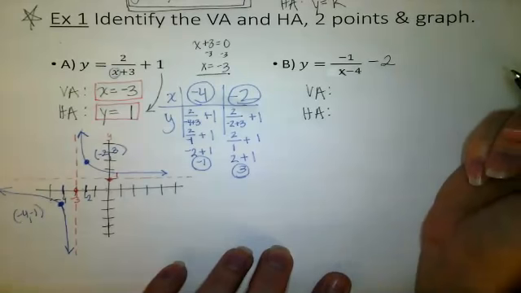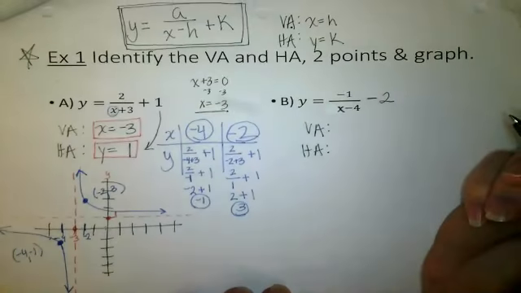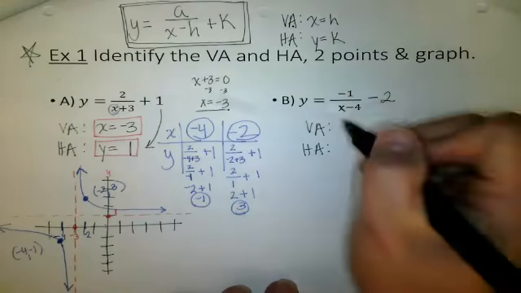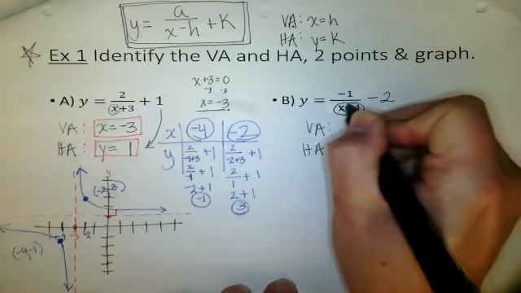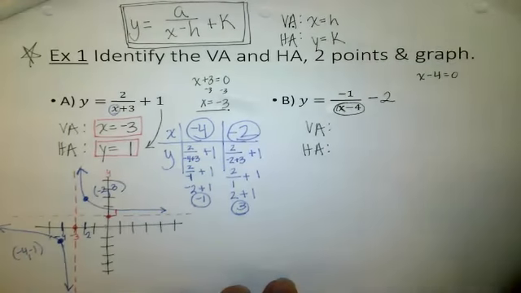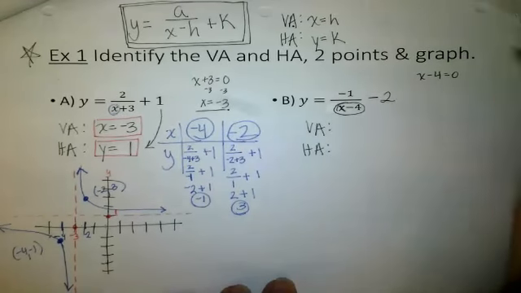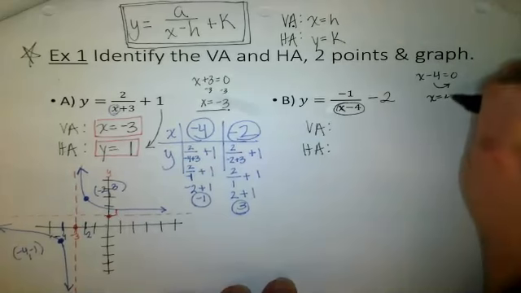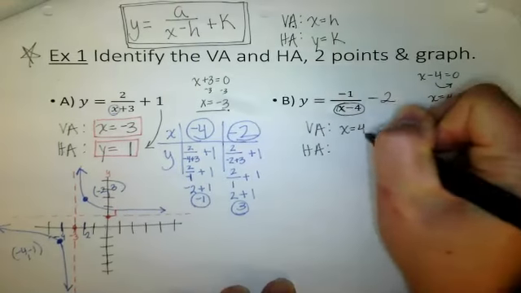What is the vertical asymptote? The vertical asymptote comes from the denominator right there. x minus 4 equals 0. We're just solving for x. What do we get when we solve for x? x equals 4. That's our vertical asymptote. x equals 4.